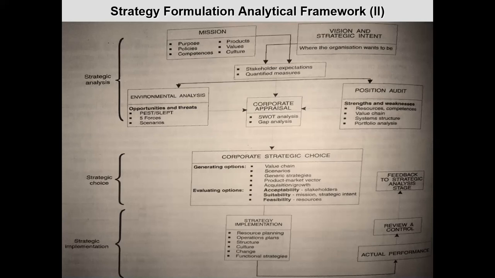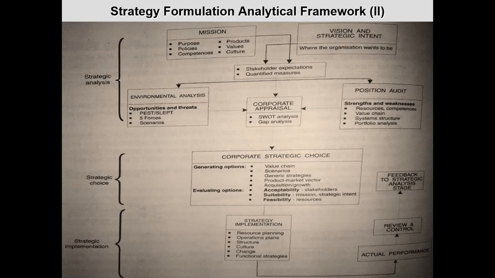Once the corporate appraisal in terms of SWOT analysis and gap analysis is clear and discussed, we would move to the second stage of the strategy formulation analytical framework, which is known as strategic choice. In the context of corporate strategic choice, first of all, we have to generate different strategic options, and those would be generated by value chain analysis, developing different micro and macro scenarios, and developing and discussing generic strategies like cost leadership, differentiation, and focus.